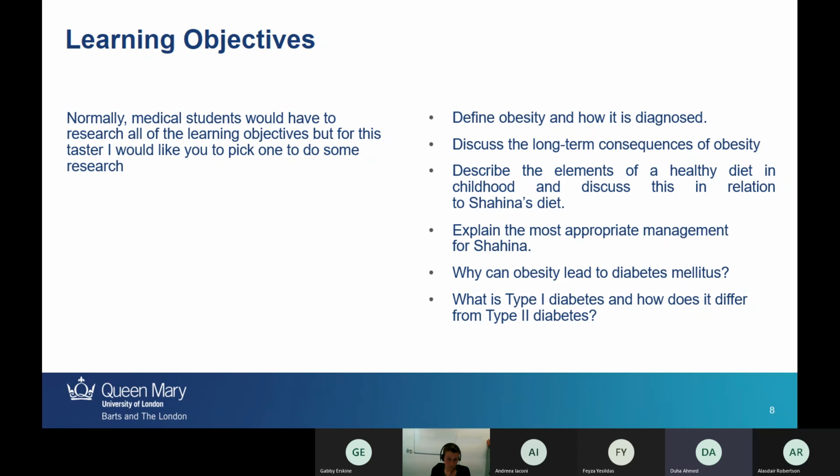So type 1 diabetes is when the body doesn't produce insulin and the person relies on insulin injections to survive. It differs from type 2 diabetes because in type 2 the person produces insulin, but the body doesn't use it effectively, either because they don't make enough or their cells are resistant to the insulin they do make.